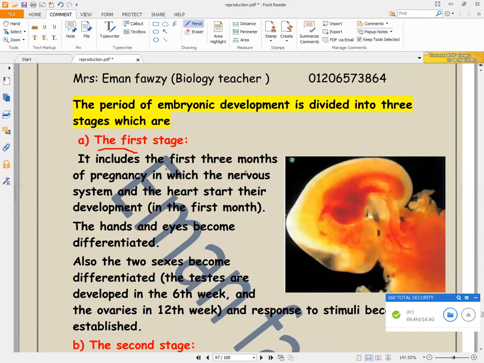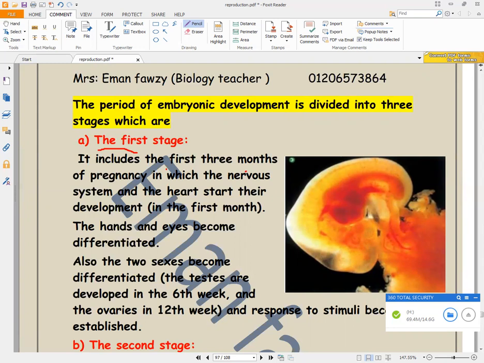The first stage includes the first 3 months of pregnancy, in which the nervous system and the heart start to develop. The hands and eyes become differentiated. Also, the 2 sexes become differentiated.